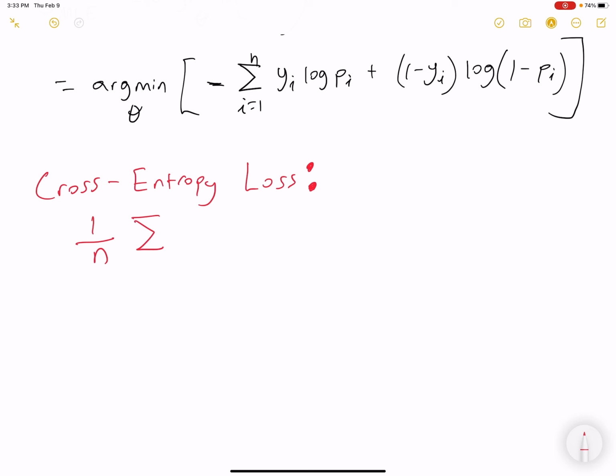And so you would minimize this value, and I'm going to write the probability as y hat now, or the predicted probability.